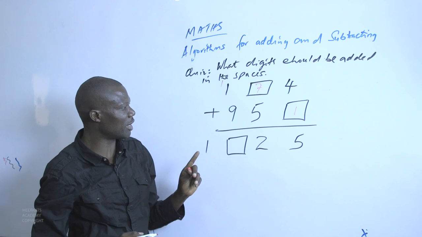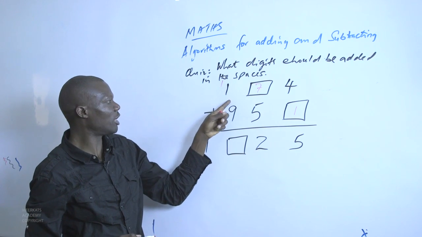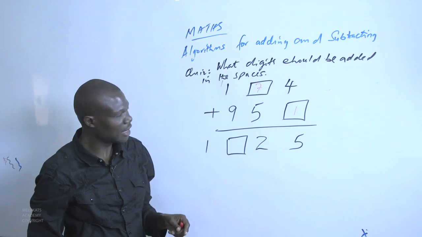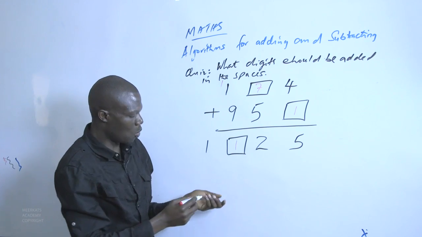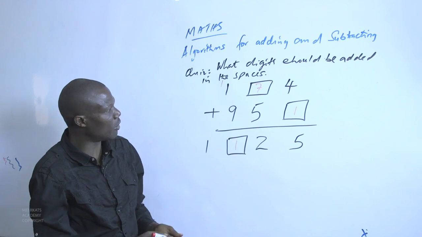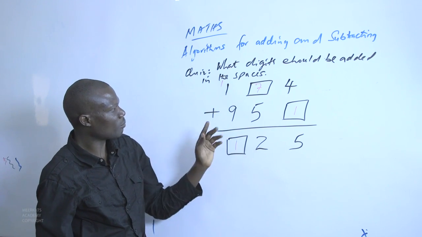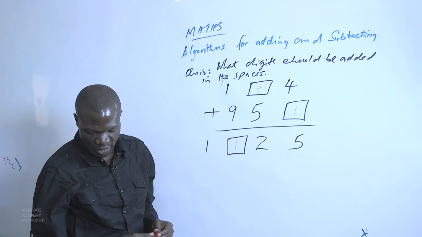When you carry 1, it will be 1 plus 1, which is 2, plus 9, which gives us 11. So the missing digit in this box is 1. We have been able to fill the blank spaces by looking at the addition of the digits.